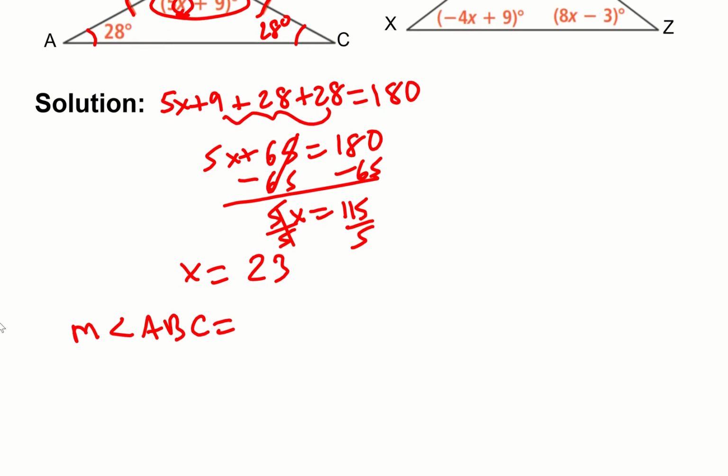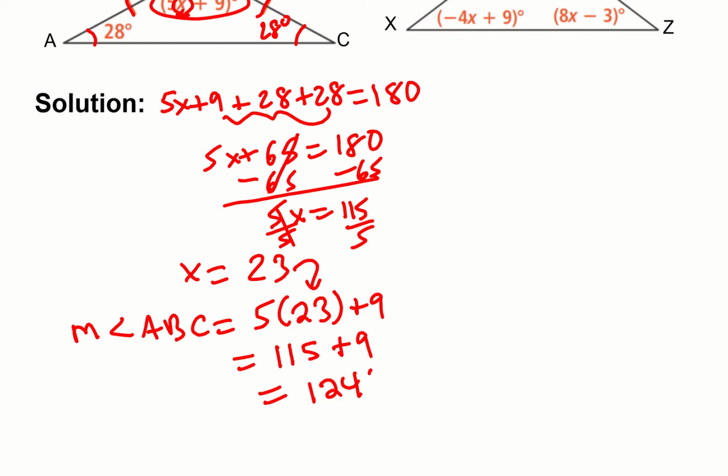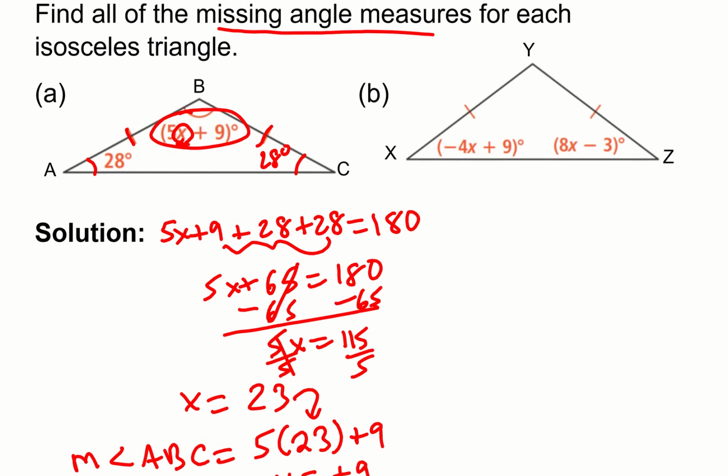So that's 5 times x plus 9. So 5 times 23, this is where we plug in for x, plus 9. 5 times 23 is going to be 115 plus 9. 115 plus 9 is 124. So it's 124 degrees. All right, so let's go ahead and do the same for part B.